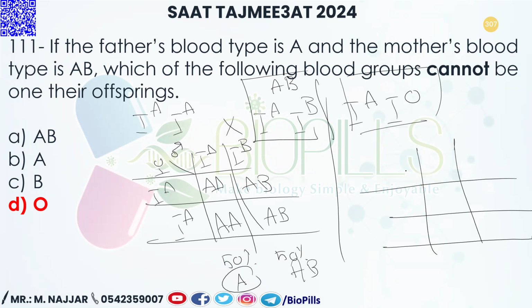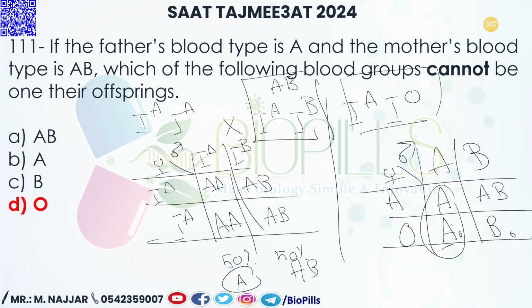Here we have male, female, A and B, and here we have A, O. A with A is A, A with B is AB, A with O is AO, which is A, B with O is BO, which is B. So it is blood group A, blood group AB, blood group B. So there is no O. This is the detailed explanation why there is no O.